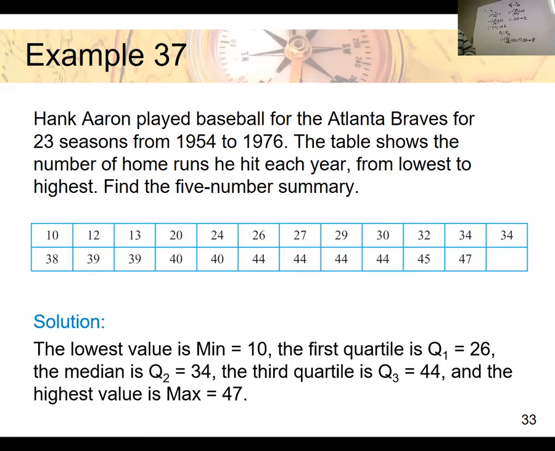And we have to round 17.25 up to 18. So we have to look for the 18th number in this data set. So that's the 12, 13, 14, 15, 16, 17, 18. That's 44. So Q3 is 44. And then the highest value, which is your max, that's going to be 47. Okay.